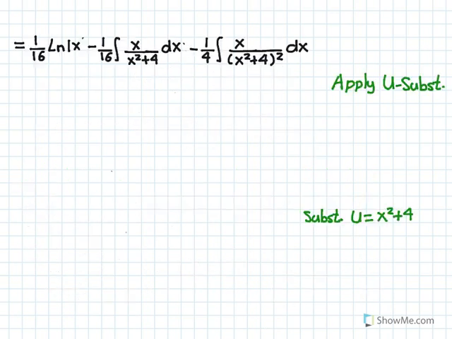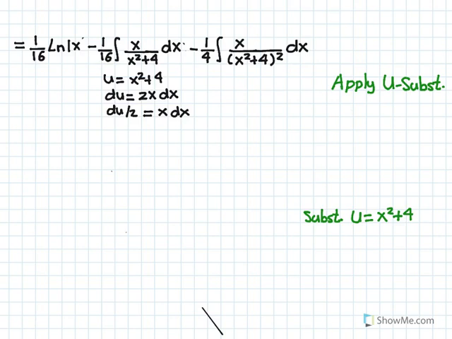Alright, so now we're going to use the substitution method. On the second integral, we're going to let u be equal to x squared plus 4. Its derivative will be a constant multiple of the numerator, and that's why it works. So du will be, differentiate both sides, we get 2x dx. And divide by 2 both sides, we get du over 2 is equal to x dx.